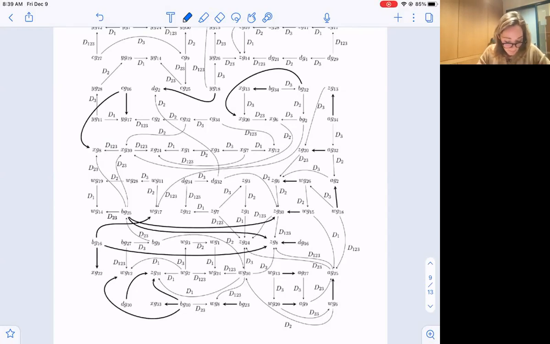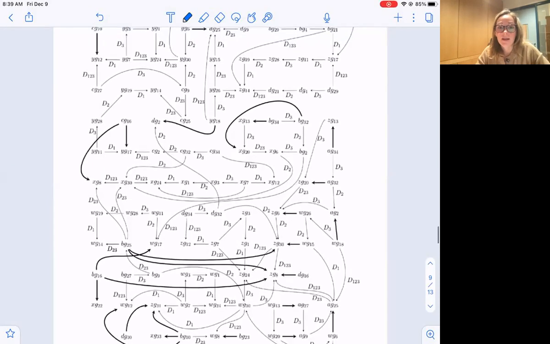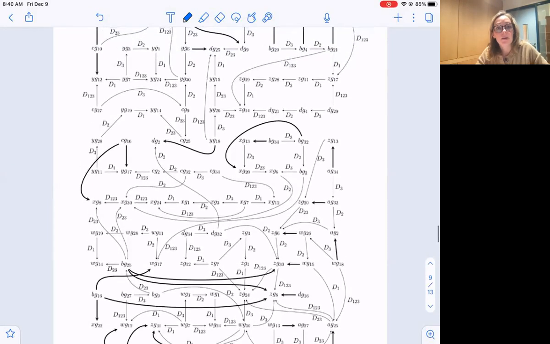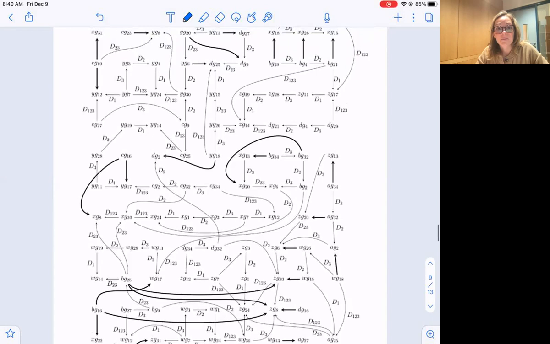So what we'll do is simplify it by first noting that there are these unlabeled edges that I've drawn as bold edges, and these are coming from places in the tensor product where the type A structure and the type D structure that we're tensoring match up exactly.